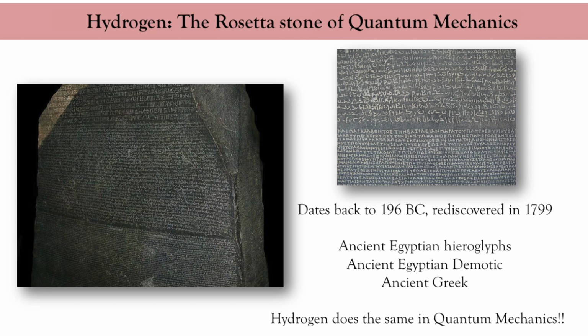The middle part of the stone is written in ancient Egyptian using demotic, and the bottom part is written in ancient Greek. The analysis of the interconnection between the three texts allowed Thomas Young and Jean-François Champollion to decipher the hieroglyphs.